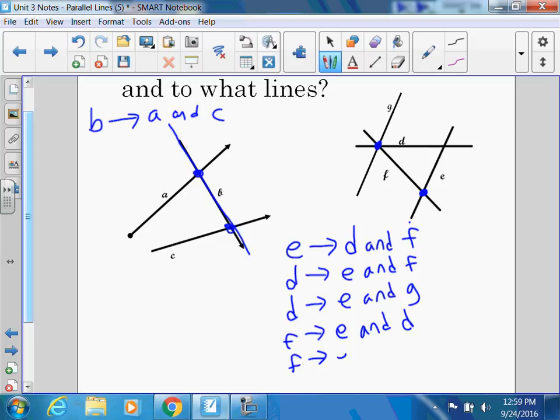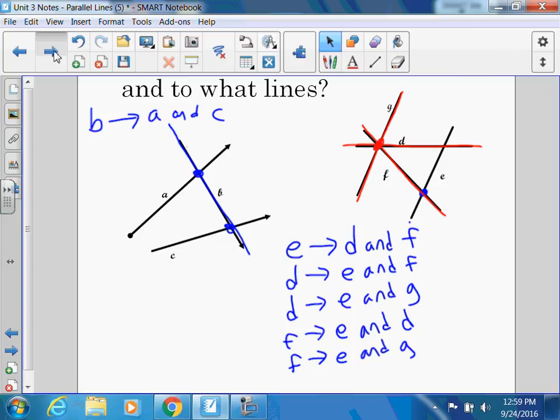So F is a transversal to E and G. Is F a transversal to G and D? So here's line F. It intersects G at this point, and then it also intersects D at the same point. However, since F is intersecting G and D at the same point, it won't be a transversal to those two lines. So these are the 5 possibilities that we have here.